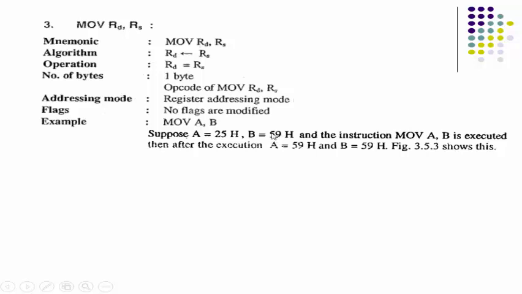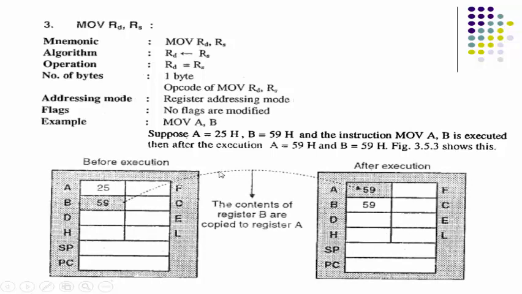After execution this 59hex which is available in B register gets copied in A register. So after execution you will find in accumulator 59hex and in B register also 59hex.